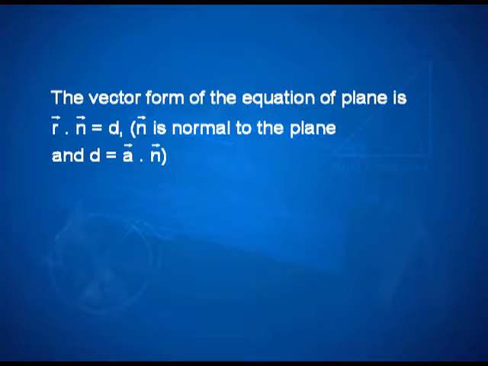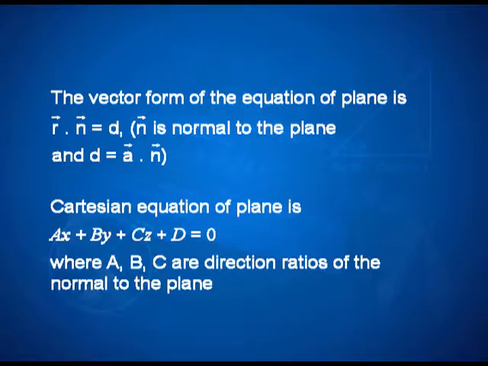If we revisit the two things that we have discussed so far, vector form of equation of the plane is given as vector r dot vector n equal to d. Now, vector n is a normal to the plane and d is that quantity that would simplify if you find vector A dot vector n. In Cartesian, after simplification, the equation of the plane in general will always simplify down to a linear equation in x, y and z in the form ax plus by plus cz plus D equal to 0.